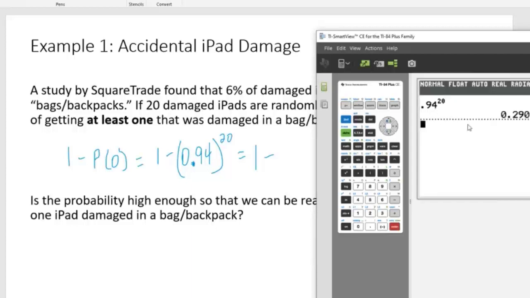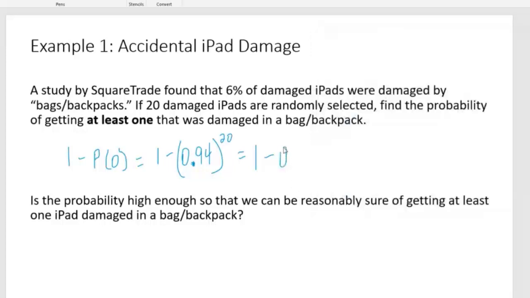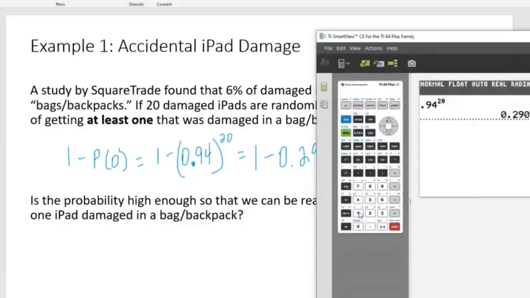And that's really using the multiplication principle, and I get 0.290 in general. So that's going to be 1 minus 0.290. And then I can do my subtraction. 1 minus 0.290.